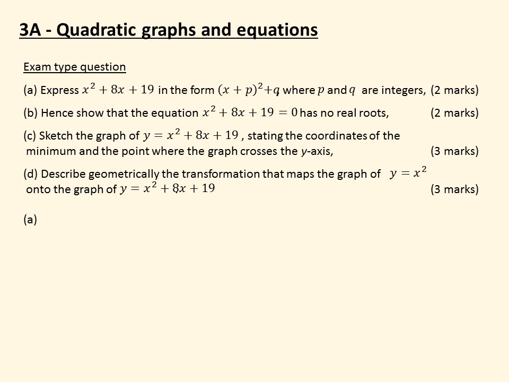Let's start with part A. We need to express this in complete square form. So the expression, we can start with the bracket squared. We're going to take half of this number in front of the x, so we're going to write plus 4.